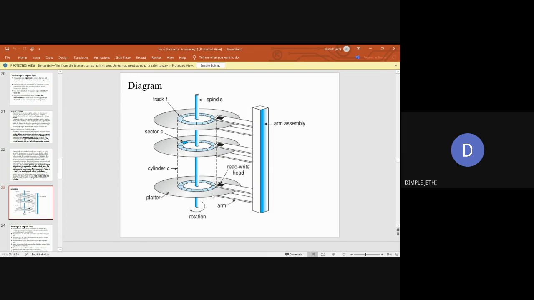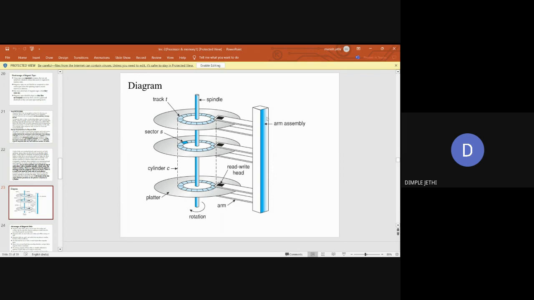Now, for each layer you have a different read and write arm. You must have seen in old movies that there used to be a CD player, and you keep the arm on the disc to play that song.